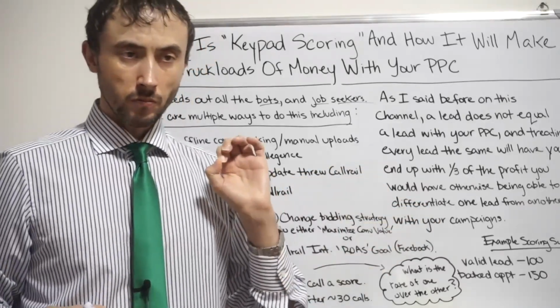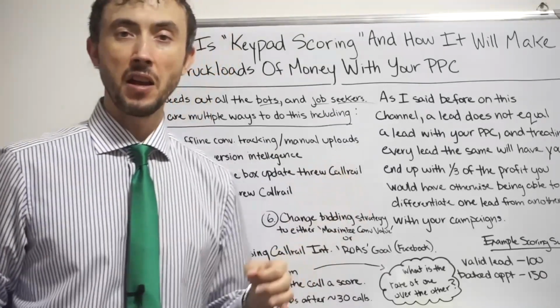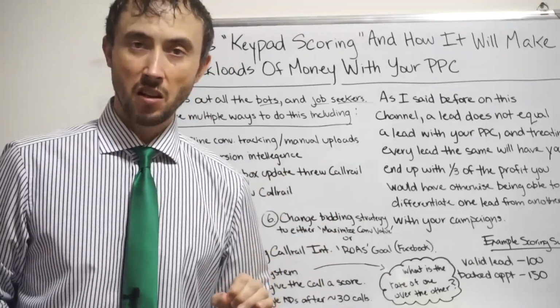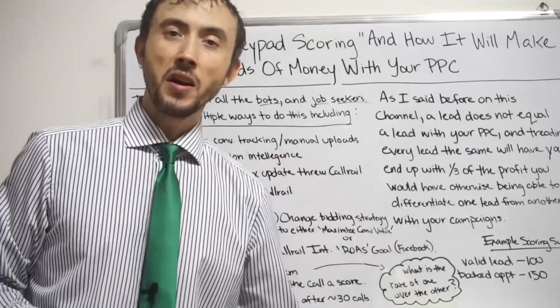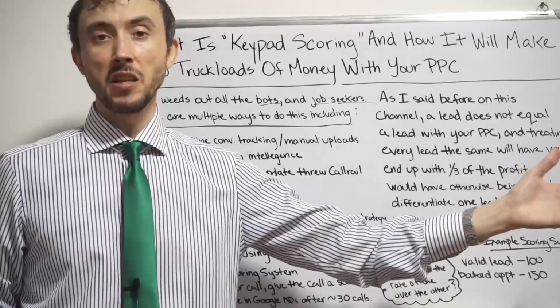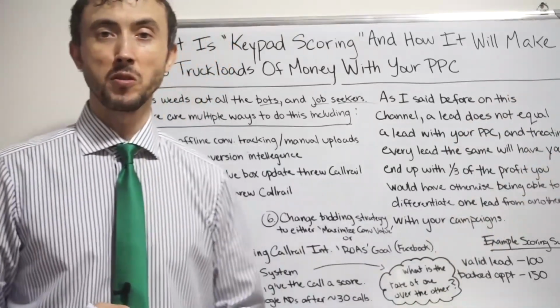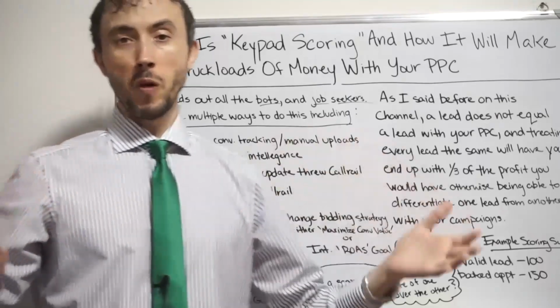So the Google algorithm that steers your campaign cannot differentiate whether going after a cheap lead is good or not. And if you told Google to go after the most expensive leads, that also isn't necessarily going to get you the best results, because you just may be paying too much for the lead.